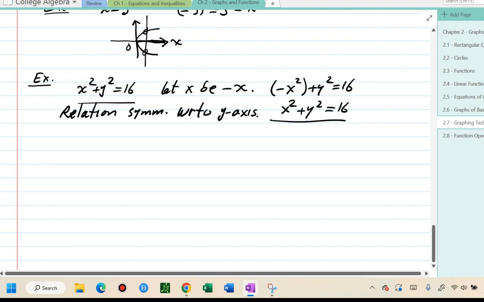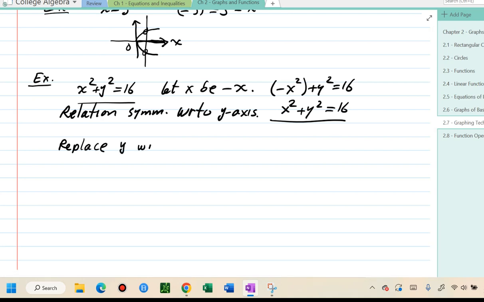Is it symmetric with respect to the x-axis? Replace y with negative y. So this time I get x squared plus negative y squared is 16. And that gives me x squared plus y squared equals 16, because negative y squared is y squared.